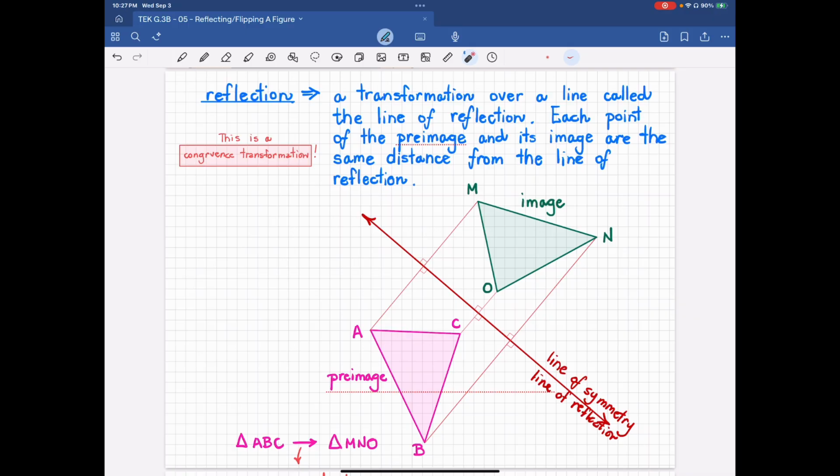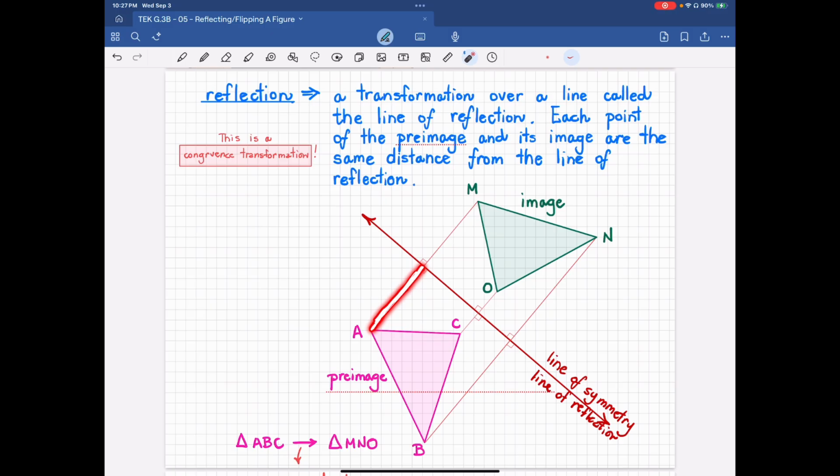Once I have a perpendicular line drawn from each vertex to the line of symmetry, and I know these are 90 degrees, represented by the corner markers, I measure the distance from A to the line of symmetry.